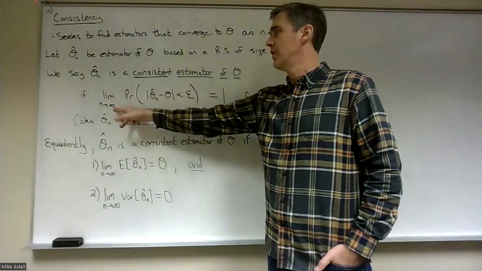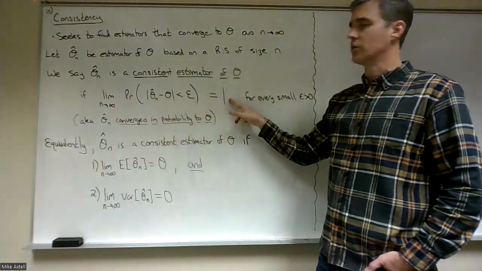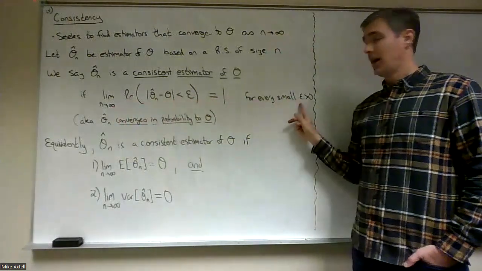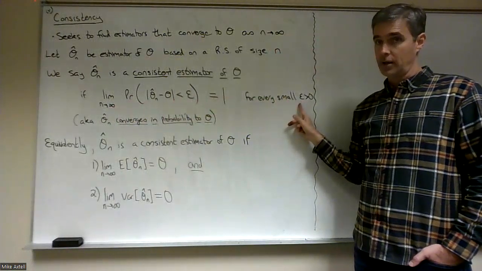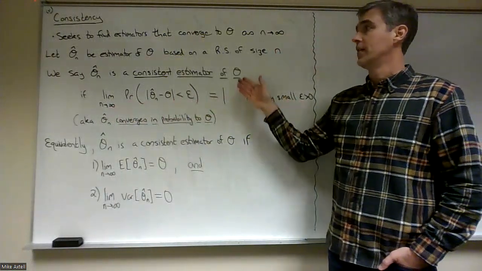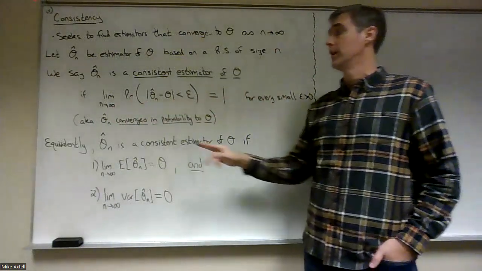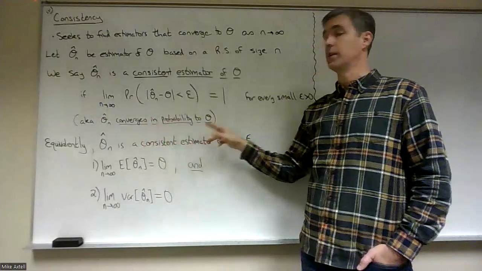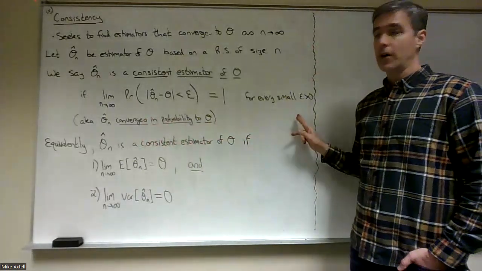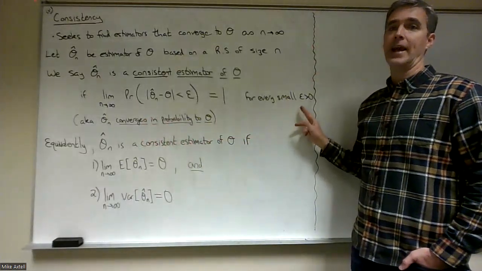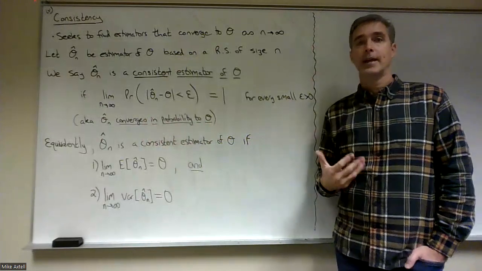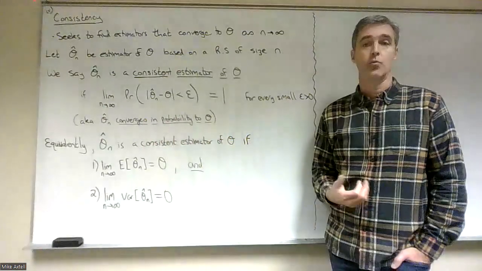If, as n goes to infinity, that probability equals 1, no matter how small the epsilon you pick, then we say theta hat sub n is a consistent estimator, or equivalently, that it converges in probability to theta.